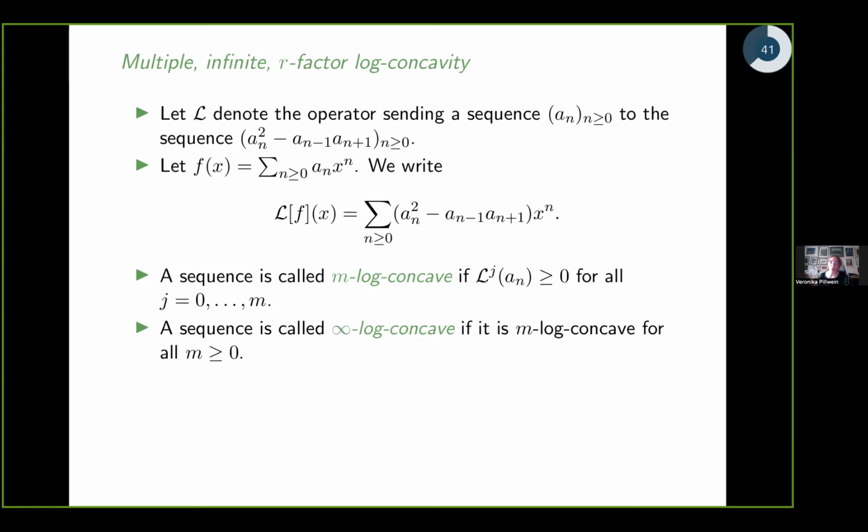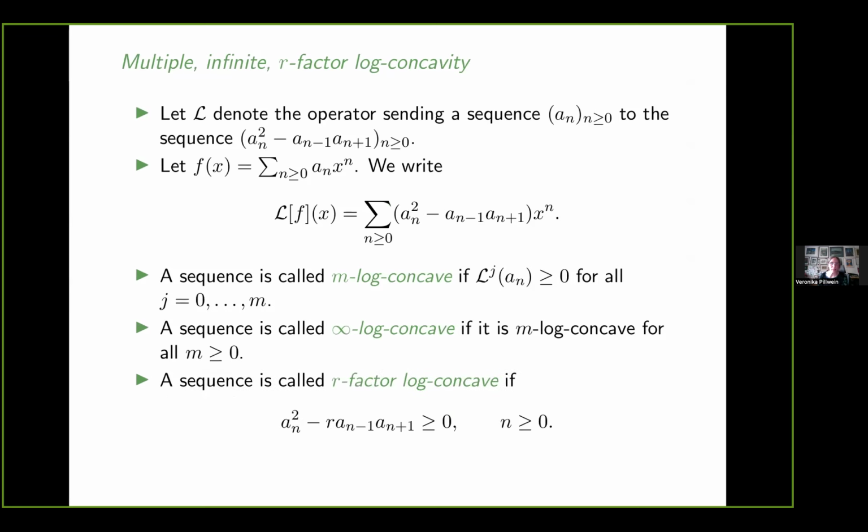It's infinite log concave if it's m log concave for all m. Another related notion is R factor log concave: in the log concavity condition, I have a factor R here, which, if greater than 1, of course implies log concavity. If somebody is not familiar with these notations, I can go back to the definition later.